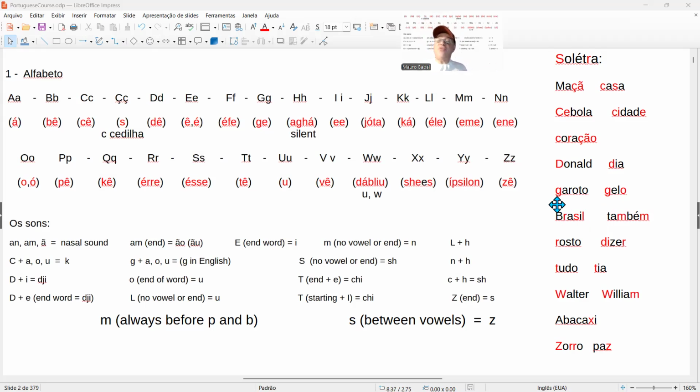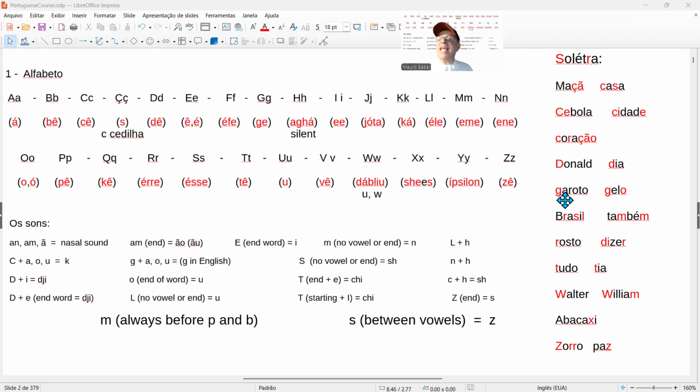But if it's followed by an A, O, or U, it has the sound of the G letter in English. Garoto. Guy. Remember, the word guy. This is the way it sounds. The G sounds as in guy.